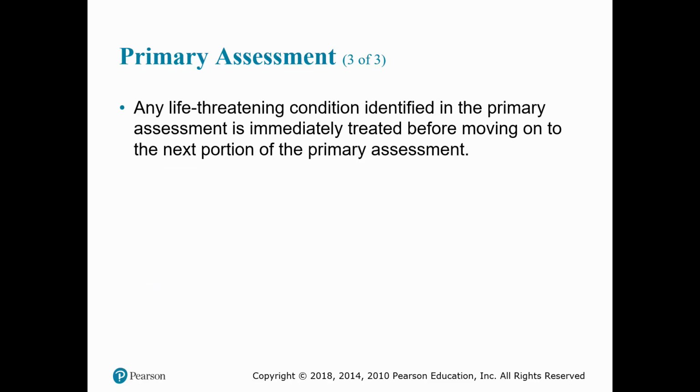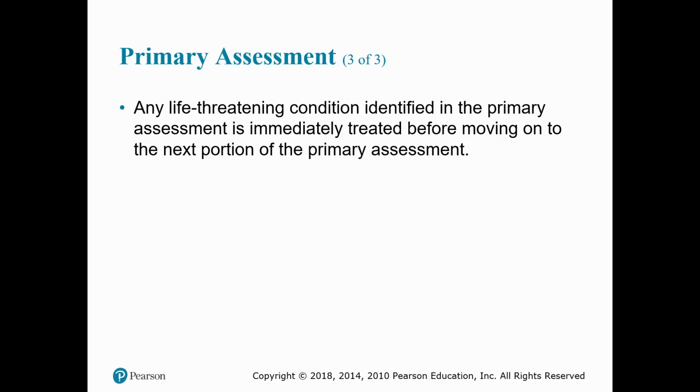Now, when you're doing your primary assessment and you find some kind of immediate life threats, we have to identify and treat that life threat immediately before we go on to the next portion of the primary assessment. So let's say in a trauma, we notice that there's major hemorrhage. Let's say we have a patient that has a possible open femur fracture secondary to a crush injury, and we have got blood spurting everywhere.